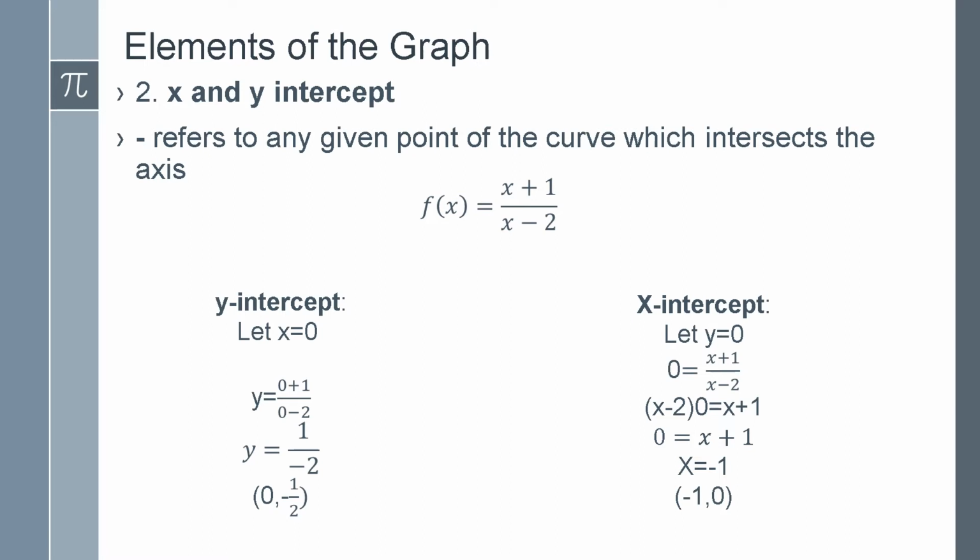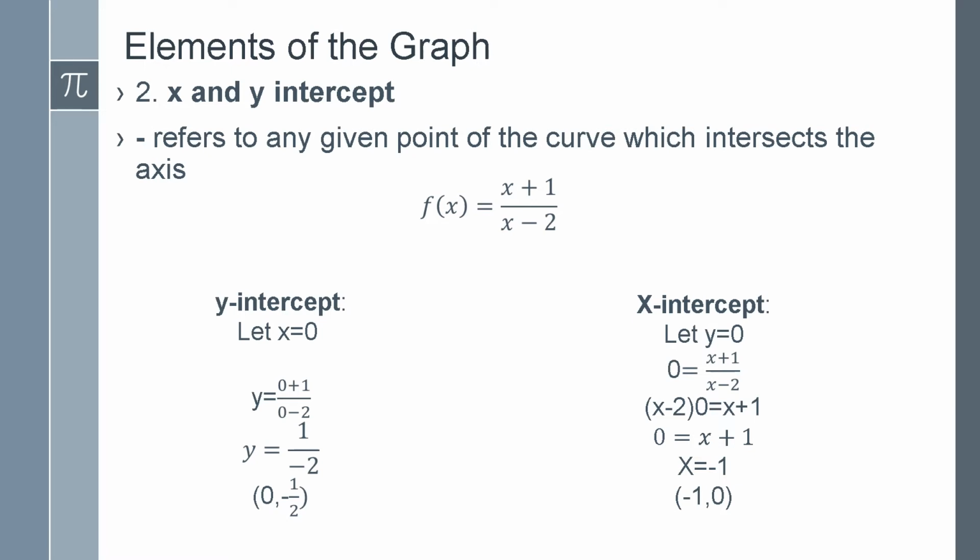And then sa x-intercept naman, we will let y be equal to 0. For the function f of x is equals to x plus 1 over x minus 2, the f of x will be 0. So, ang resulting equation natin ay 0 is equals to x plus 1 over x minus 2. Then, to simplify the equation, we will multiply x minus 2 to 0. So, parang cross-multiplication lang din to.